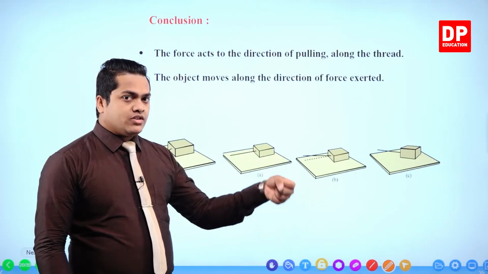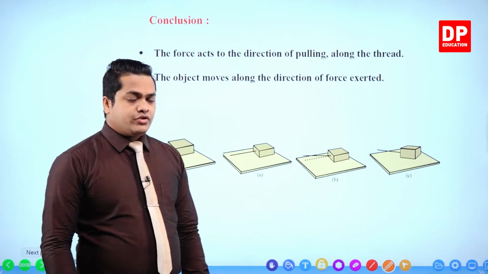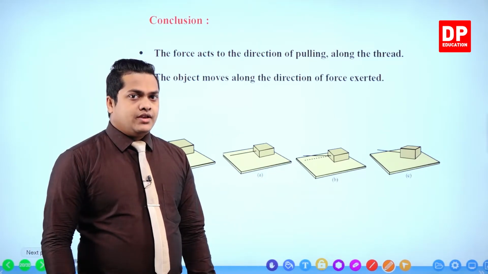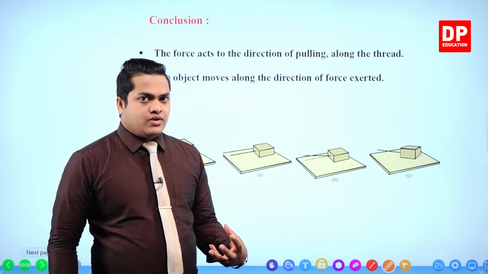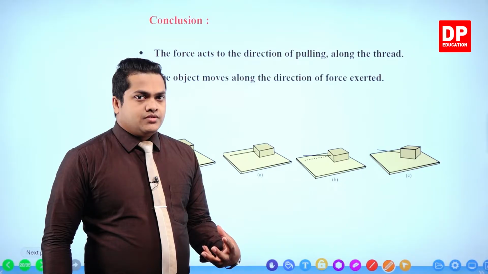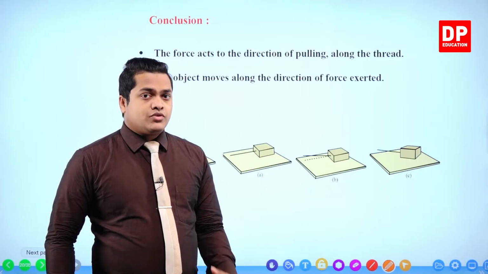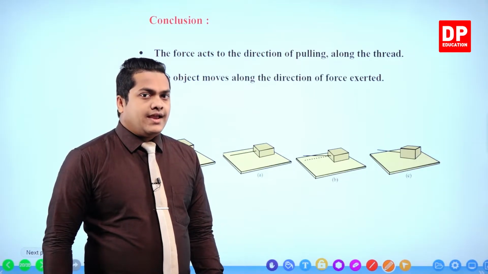When I keep it horizontal and pull, it's going to come horizontally, right? When I change the direction, it's going to change its direction of motion as well. So this is the conclusion that we can take from the activity.